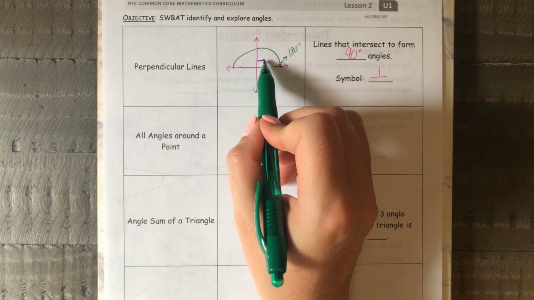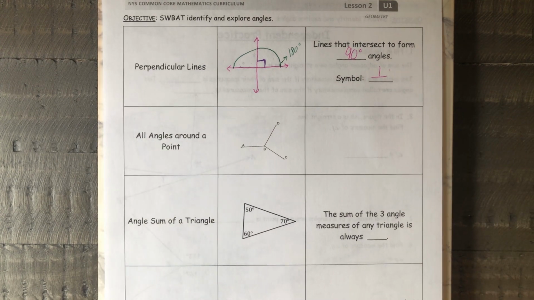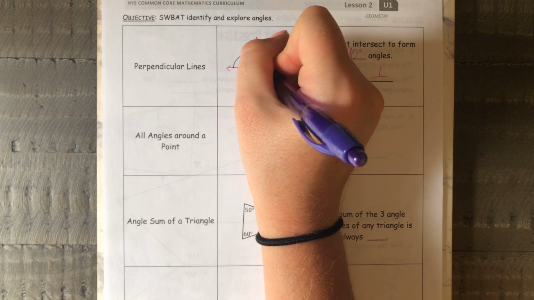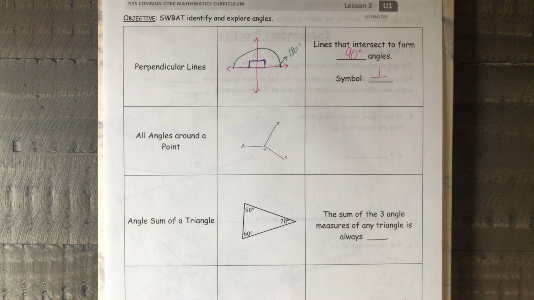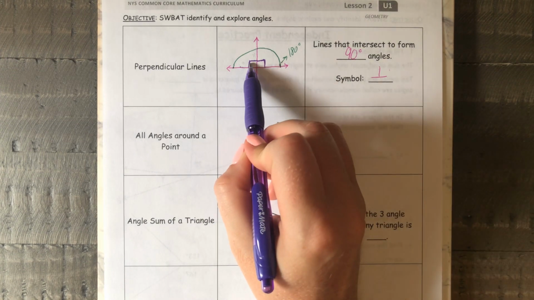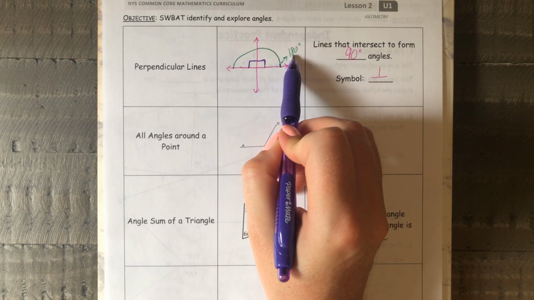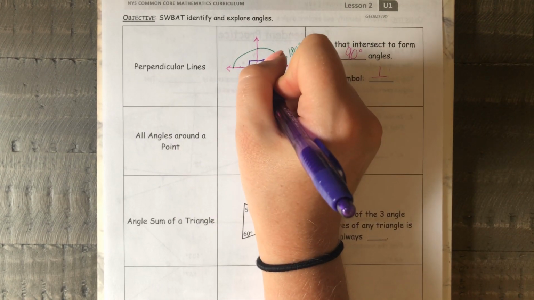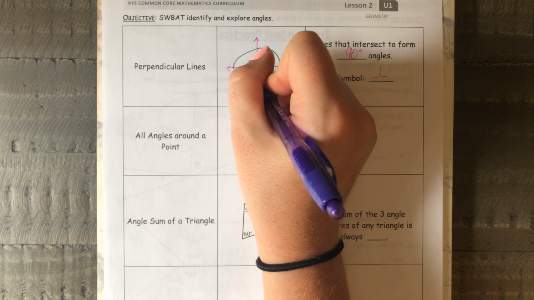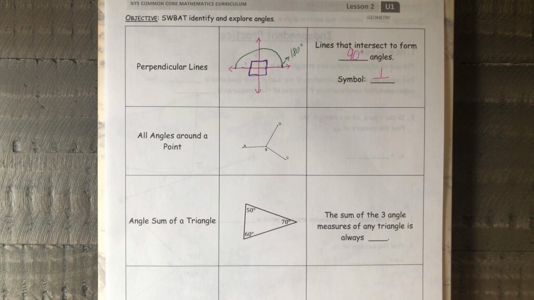If this angle is 90 degrees, what does this angle have to be? Exactly, you got it, guys. It's got to be 90 degrees, which means I can add another box on the left because 90 plus 90 is 180. And that's true for the bottom as well. This has to be 90, and so does this.